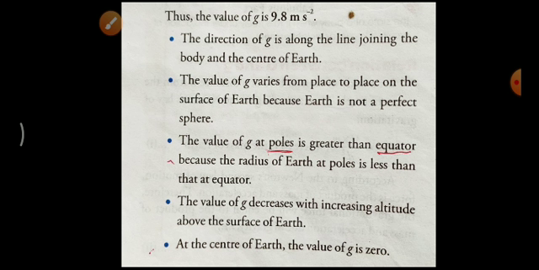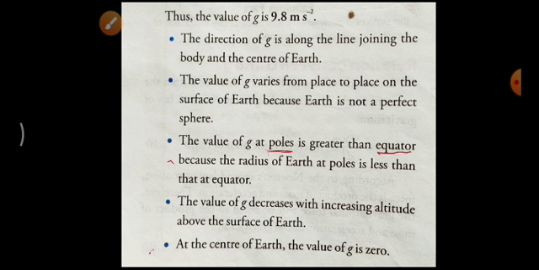Then the next one, the value of g at the poles is greater than at the equator, because the radius of the earth at the poles is less than that at the equator. So the value of g at the poles is greater as compared to the equator, because the radius at the poles is less, so more gravitational force of attraction will be there as compared to the equator.